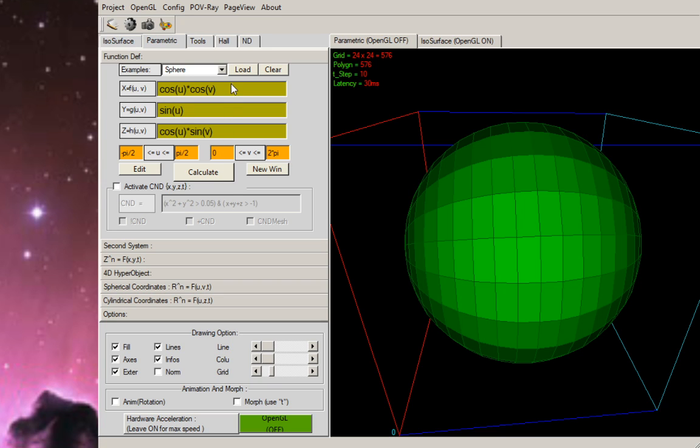This is all three-dimensional stuff. Clear. X is a function of u and v. Actually, huh? Oh god, that's not what I wanted to show. I don't know why it does that.